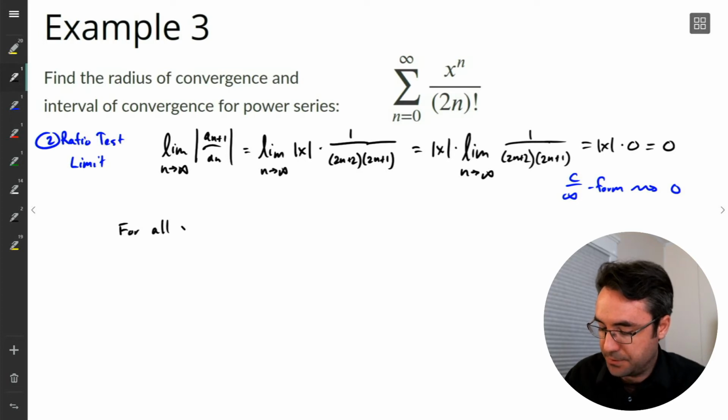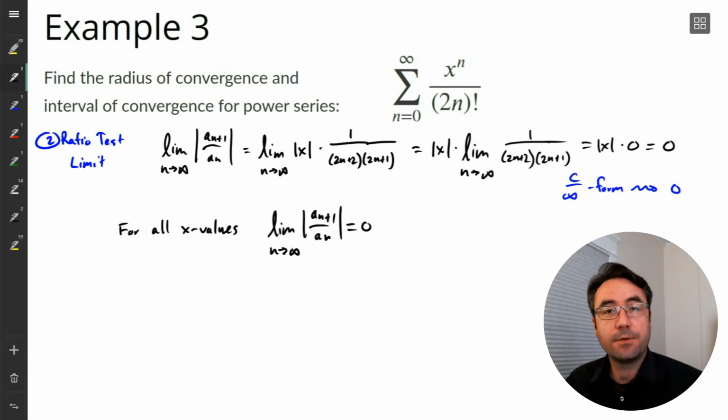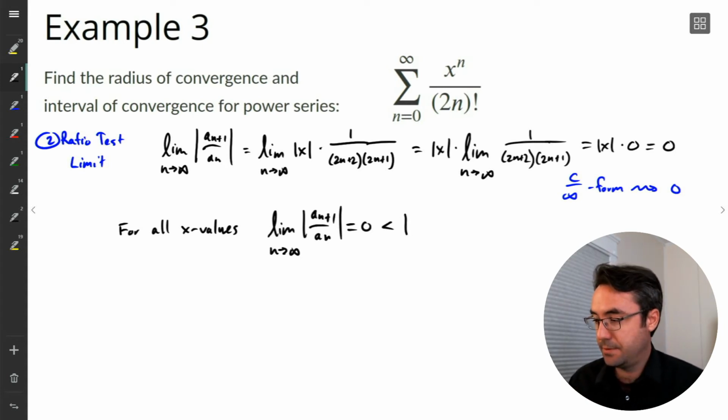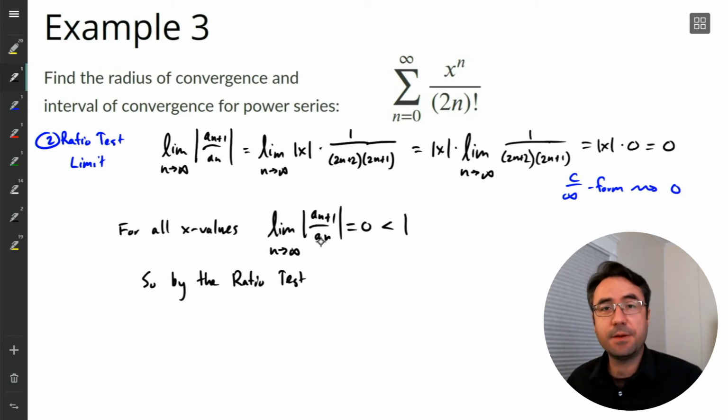So for all x values, the limit of a_(n+1) over a_n as n goes to infinity is equal to 0. And we know for the ratio test, if the limit is less than 1, by the ratio test, it converges.